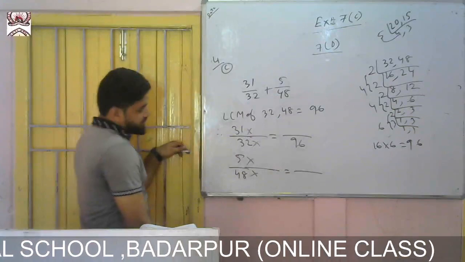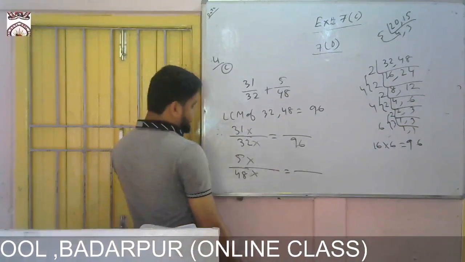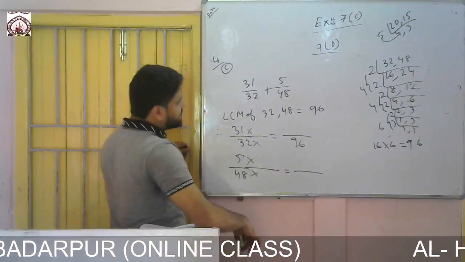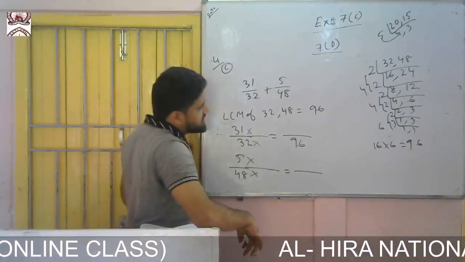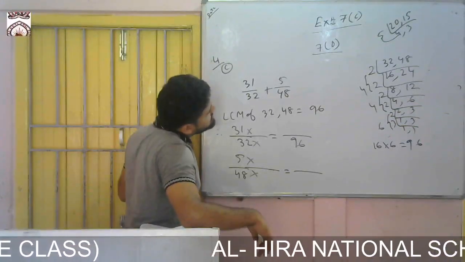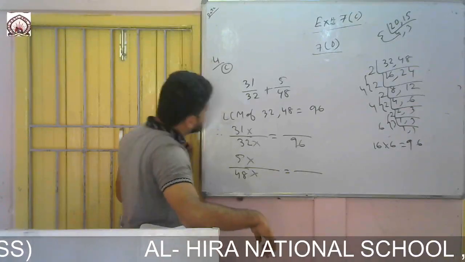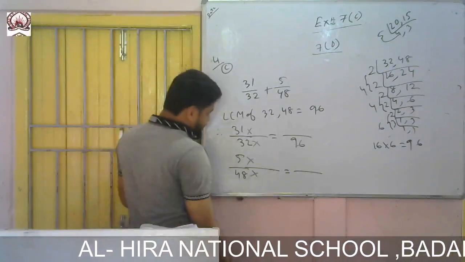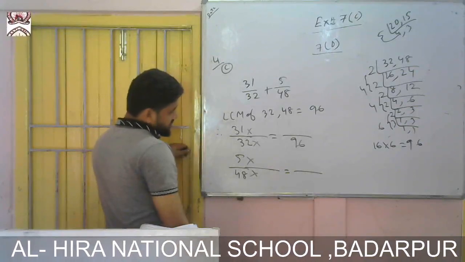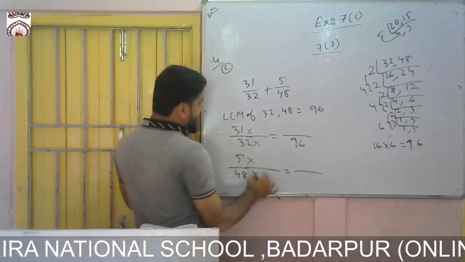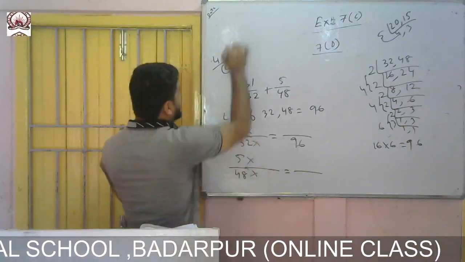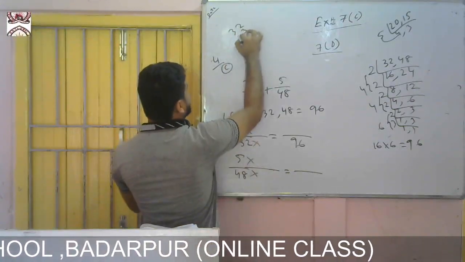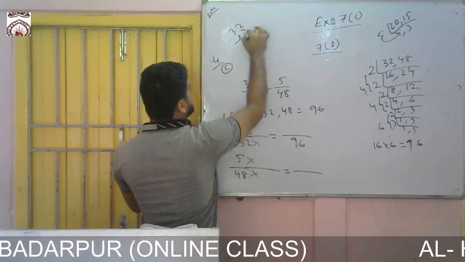So 32 how much? 32 times 3 is 96. If I multiply, 3 twos are 6, 3 threes are 9.